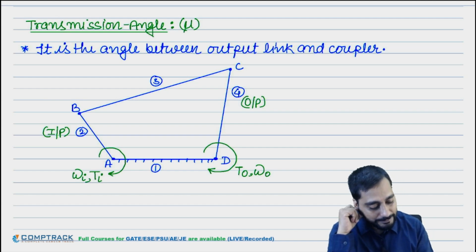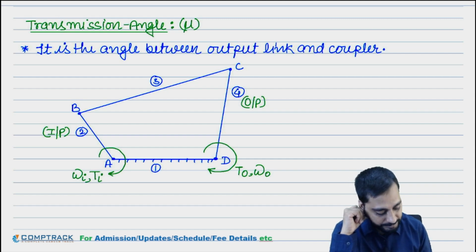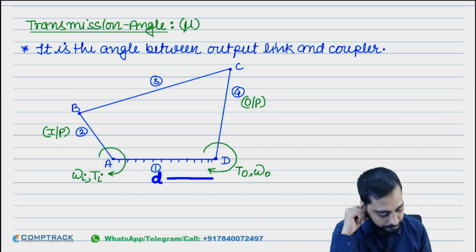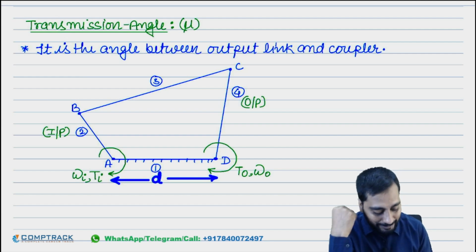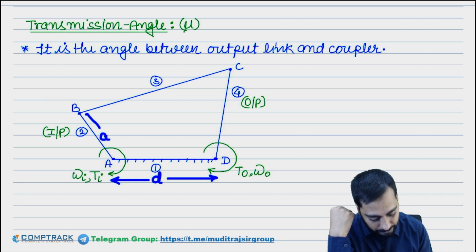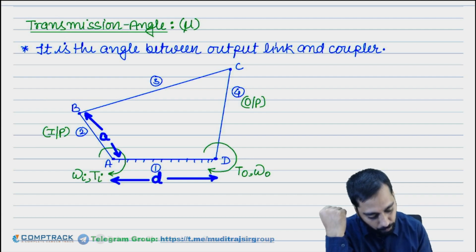Let's say the length of this link is D, and it is called the fixed link. The length of this link is A, and it is your crank because it will be making complete rotation.